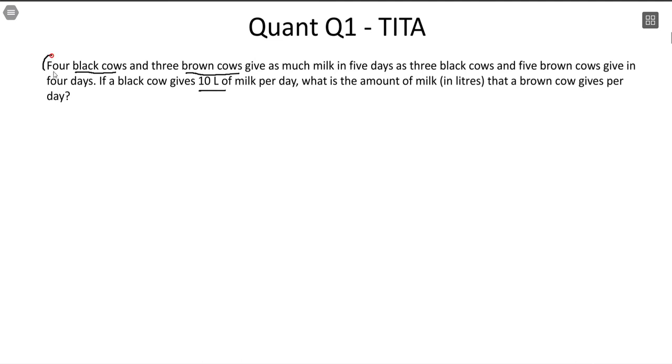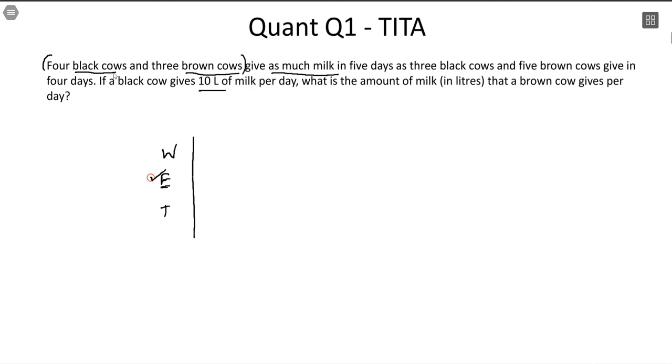Now, whenever you get two different kinds of workers in any question, man and child, woman and man, whatever, always try to identify which attribute out of work, efficiency or time is constant. Can you see the way this question has been made up? 4 black cows and 3 brown cows give as much milk in 5 days as 3 black cows and 5 brown cows.